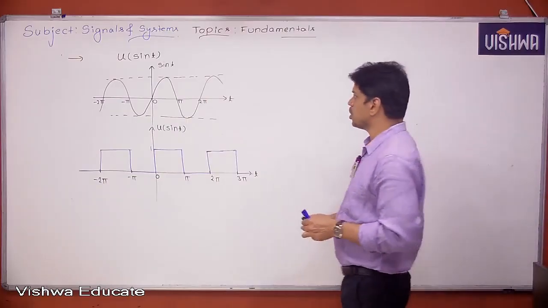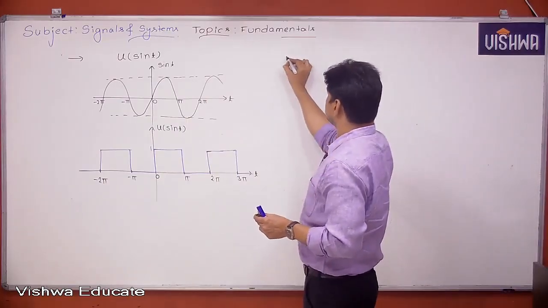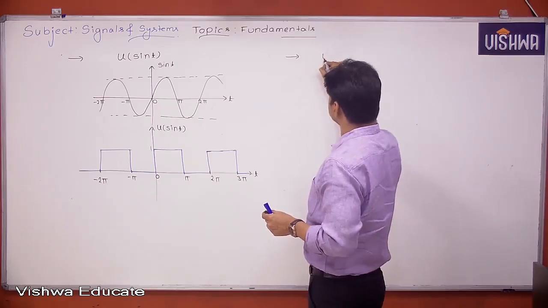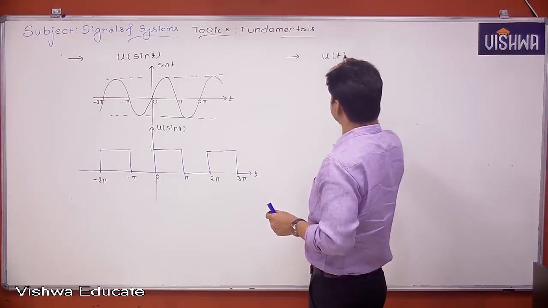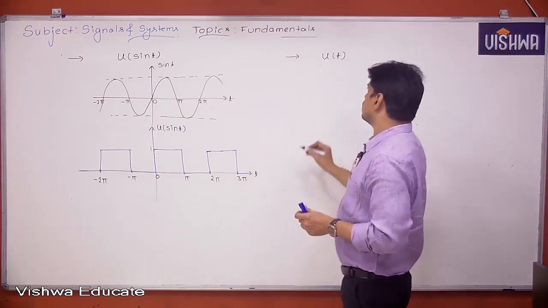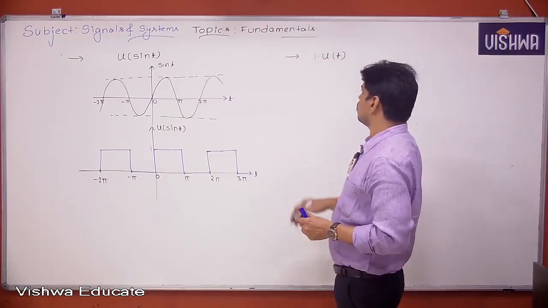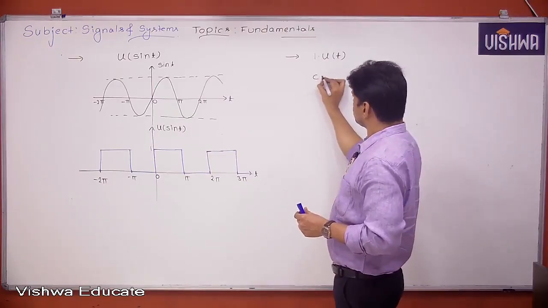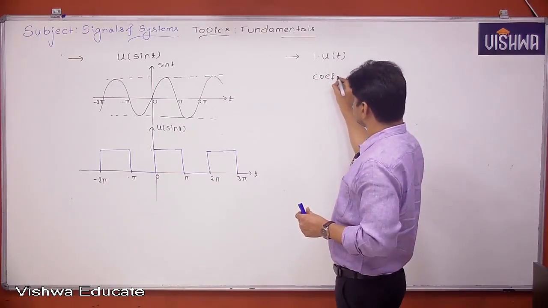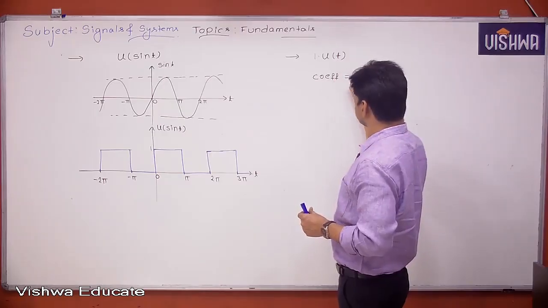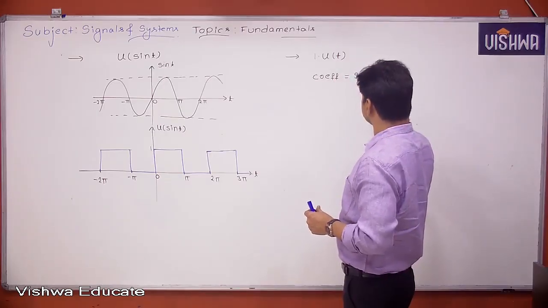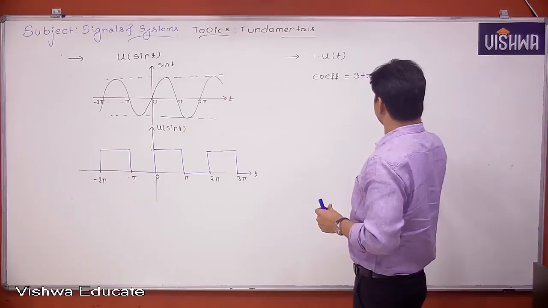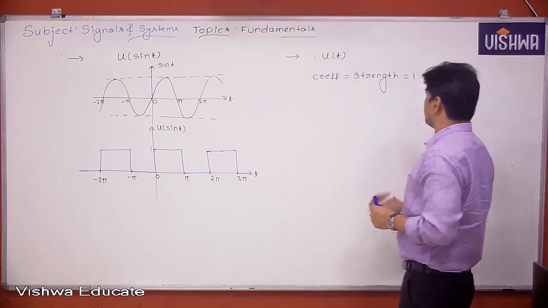Here one very important point we have to see. The unit step function is represented with u of t. What is the coefficient here? 1. I told you the coefficient of a function is also called the strength. What is the strength in this case? 1.